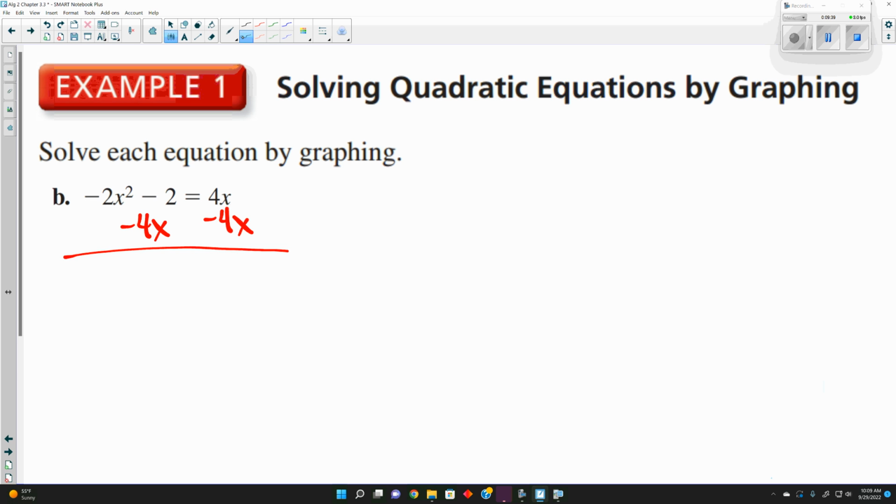Because before we can graph it, we need this equal to 0. And if we subtract the 4x over, we get -2x squared minus 4x minus 2 equals 0. So, any questions on how we got this equal to 0?